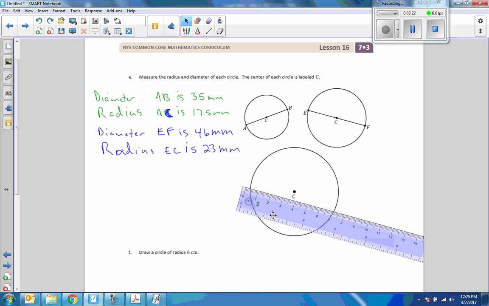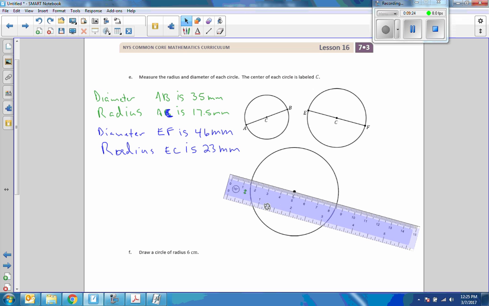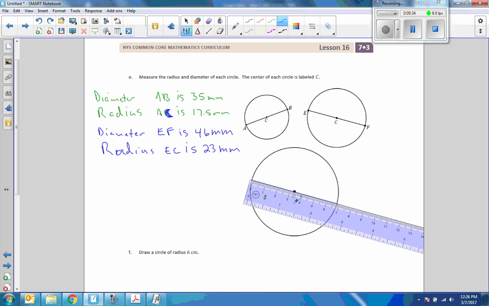This one doesn't have a line, so we have to make one. So first let me draw a line segment from edge to edge going through the center. And then I'm going to move it down and measure it. And it's about, let's just say 70.